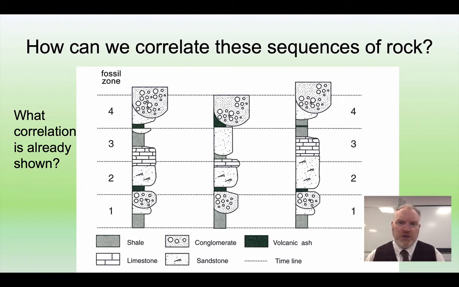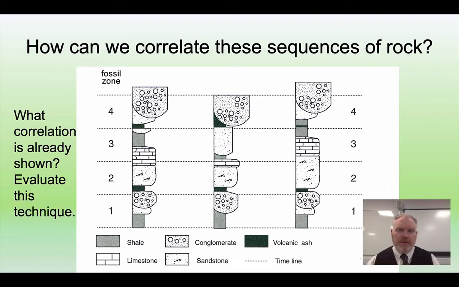So the correlation that's already shown is one of time. These are what we'd call chronostratigraphic units, where the time of deposition is defining the link between the rocks in these different areas.